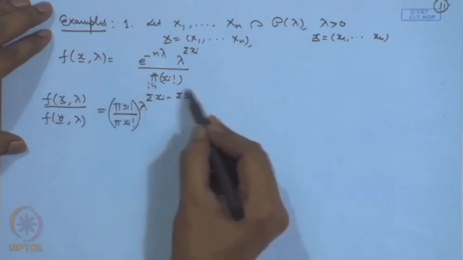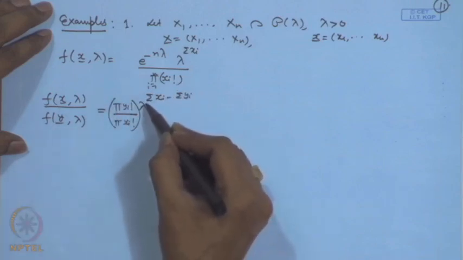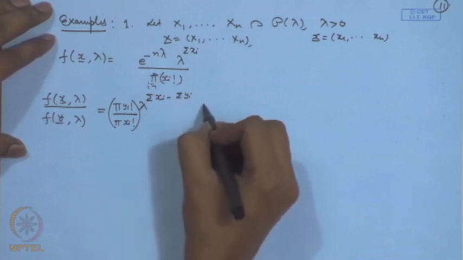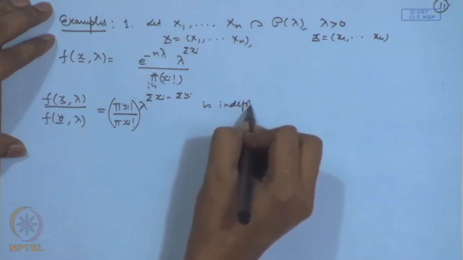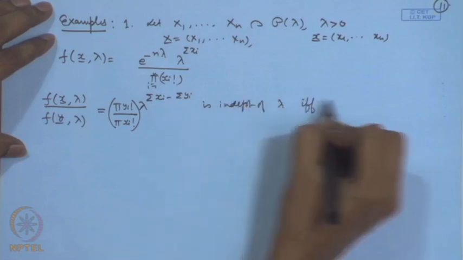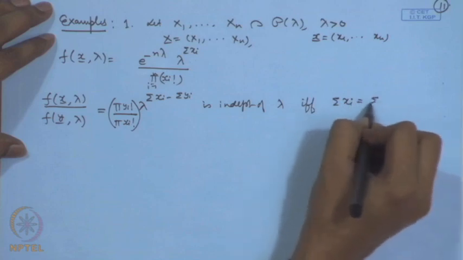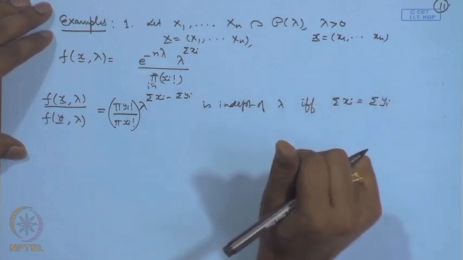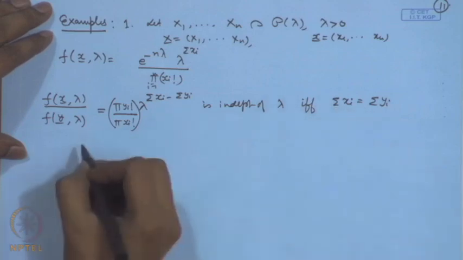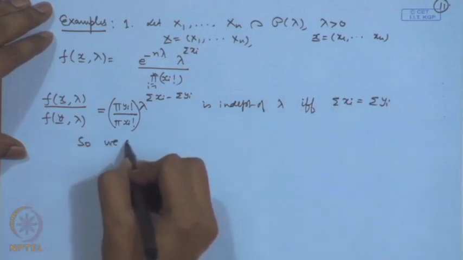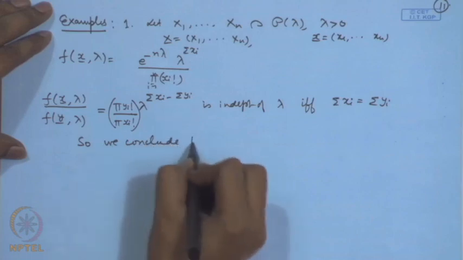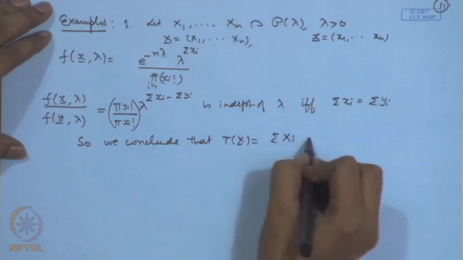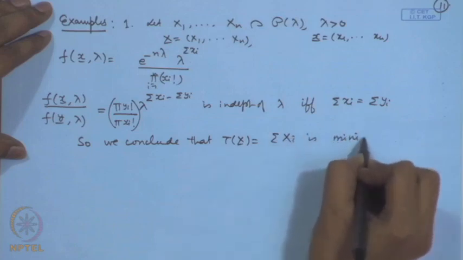Now, this term is dependent upon the parameter through this, and we can easily see that this is independent of lambda if and only if sigma x_i is equal to sigma y_i. So, by the previous result that we have proved of Lehmann and Scheffe, we conclude that T(x) is equal to sigma x_i is minimal sufficient.